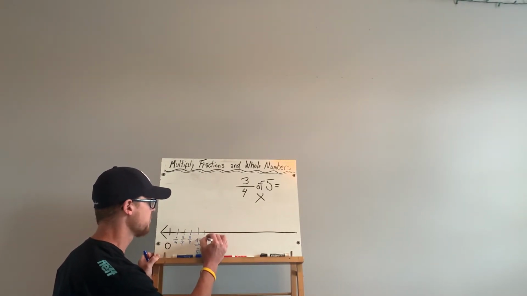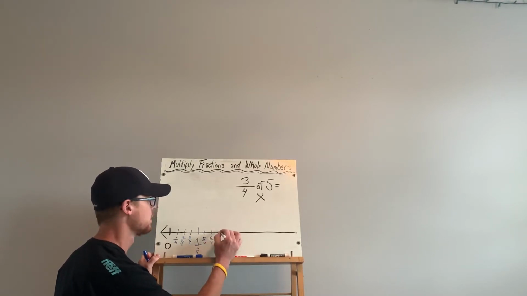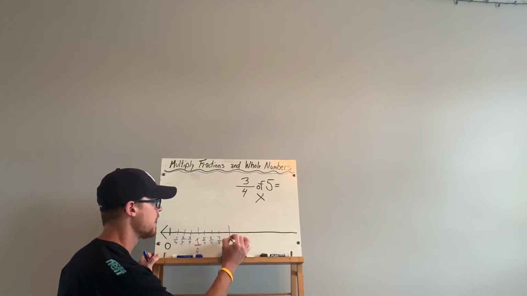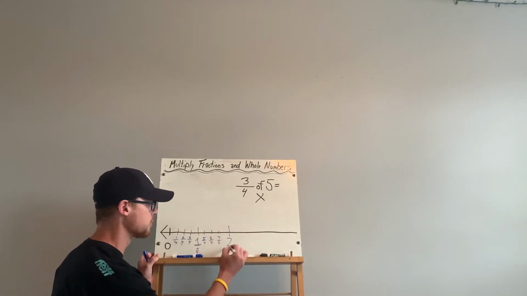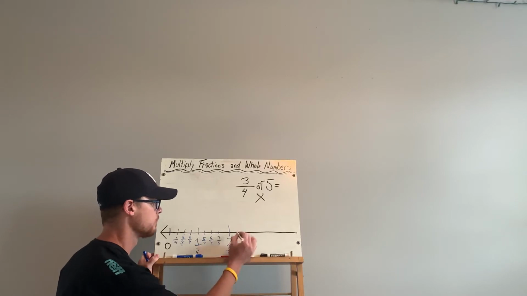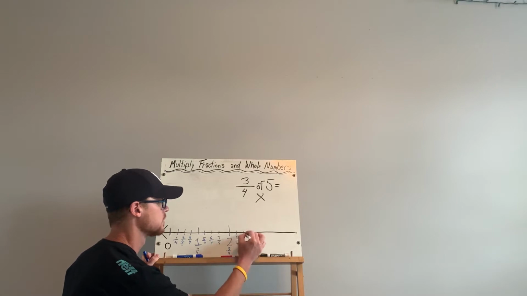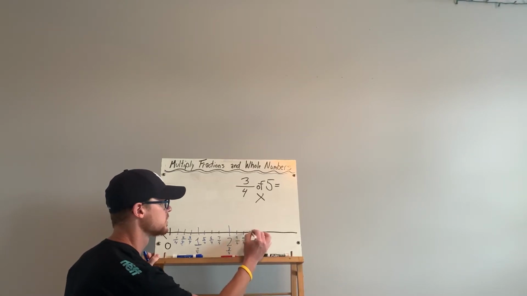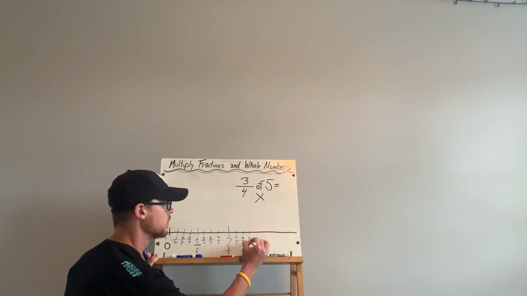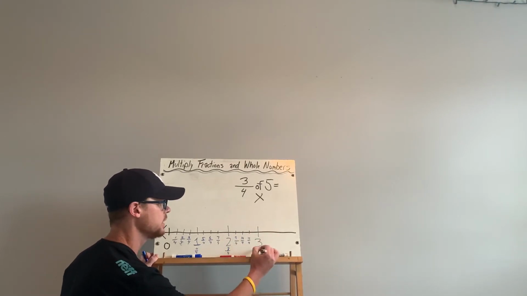Then I have 5/4, 6/4, 7/4, and 8/4, which is also 2 whole. And another one, 9/4, 10/4, 11/4, and then 12/4, which is 3 whole.